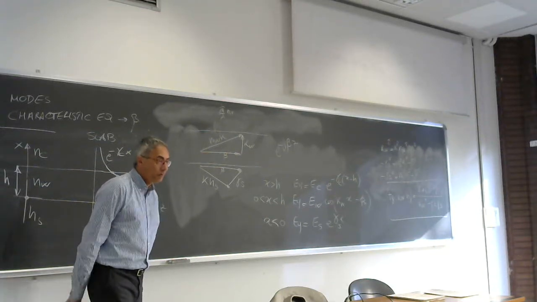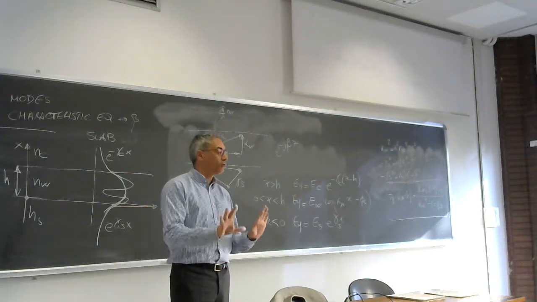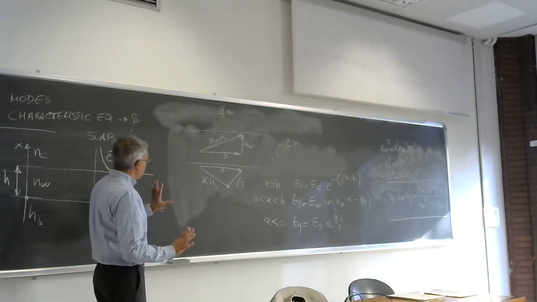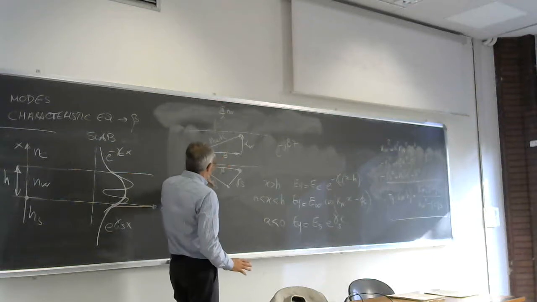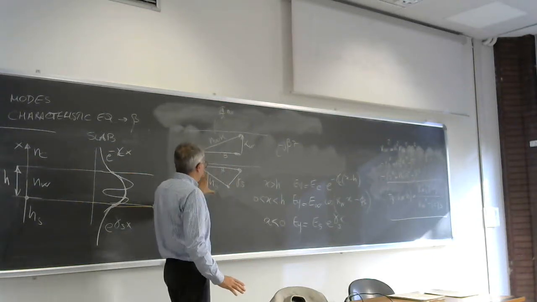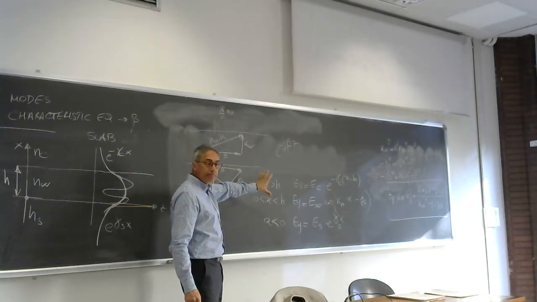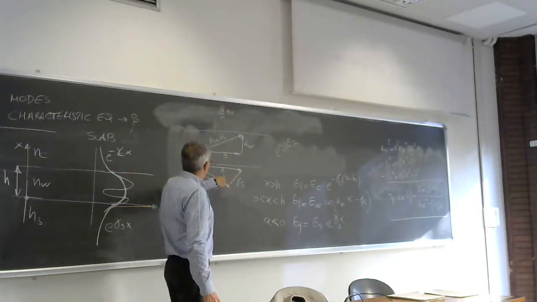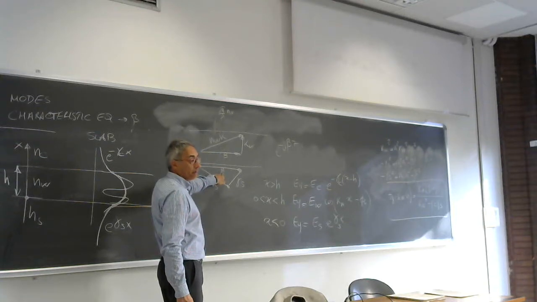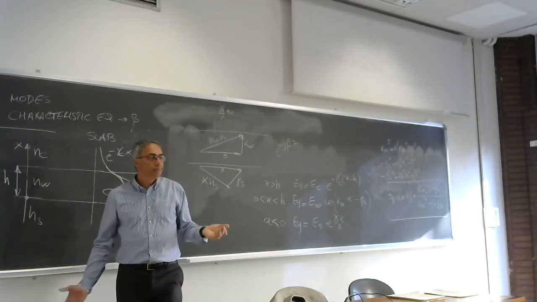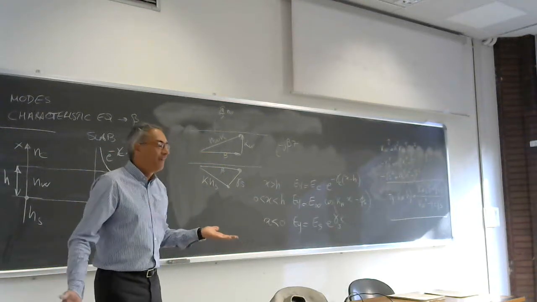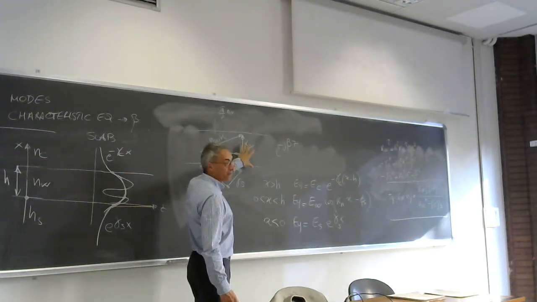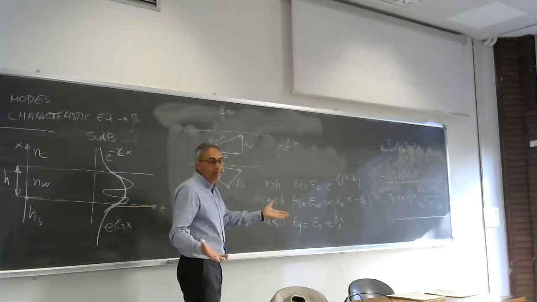Everything is written in your notes, so don't copy them. In this part of the space, we have a wave that propagates in the z direction with this phase constant, beta. It's not possible to have another one, because this part of the field and this part of the field are part of the same mode.